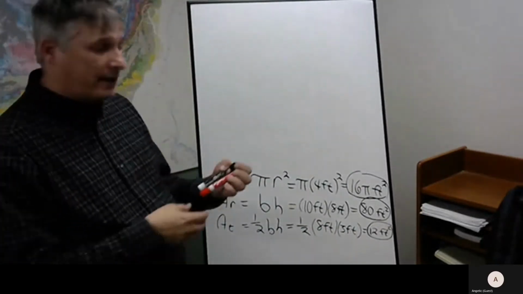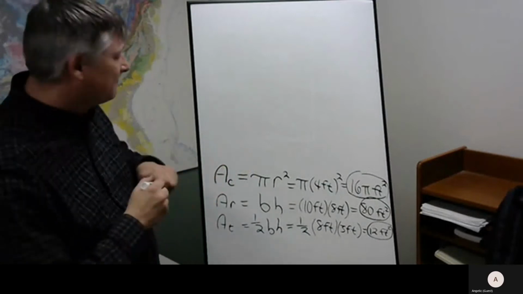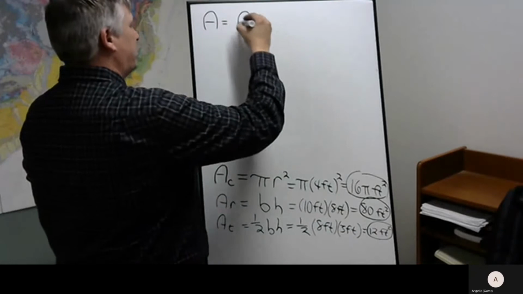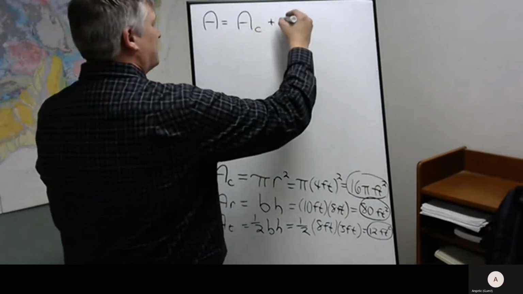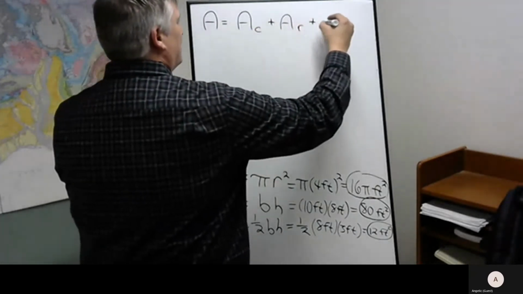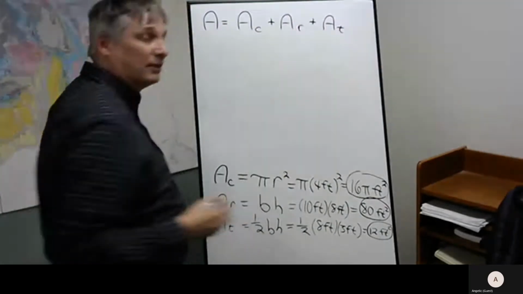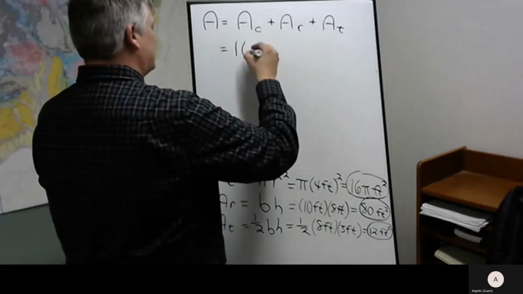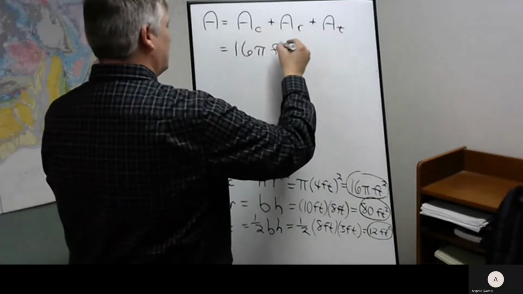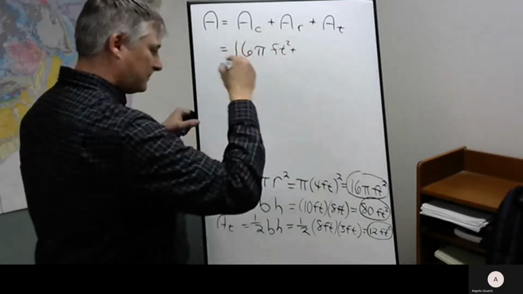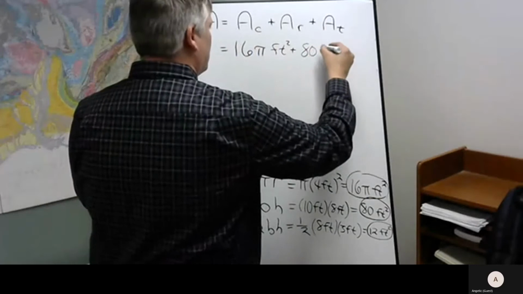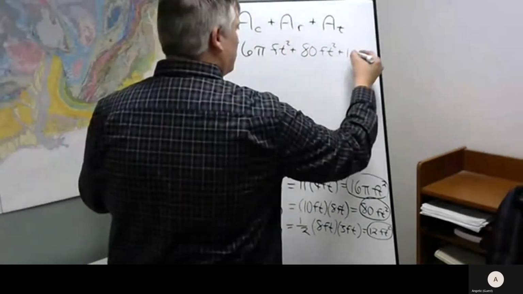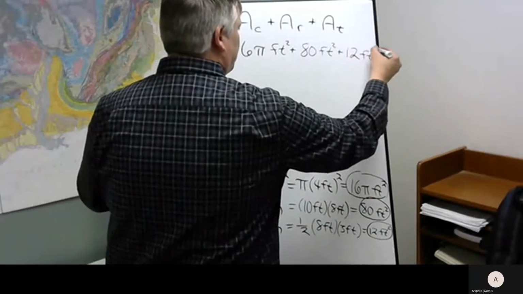So if we want the total area, we have to add up all 3. So the area will be the area of the circle plus the area of the rectangle plus the area of the triangle, or 16 pi feet squared plus 80 feet squared plus 12 feet squared.